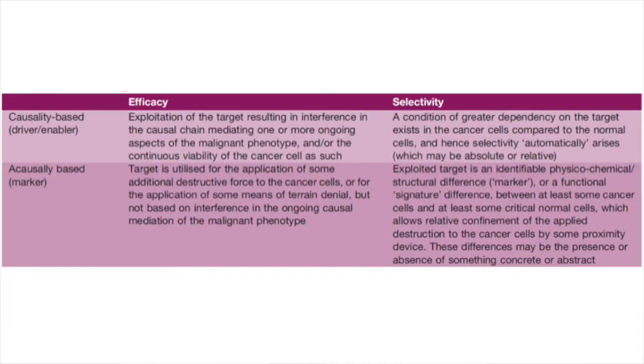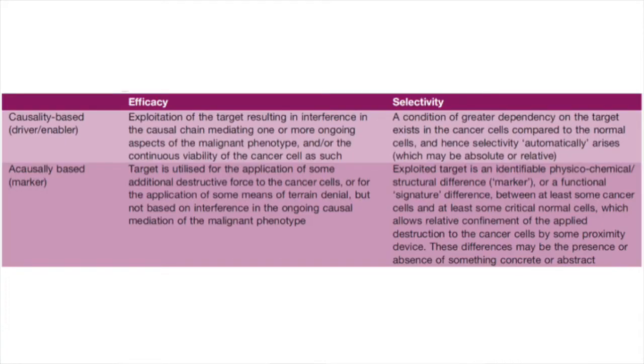Now, therapies directed at either of these targets, the causal or the recognition-based, are obligated to achieve two goals: efficacy and selectivity. Efficacy means the reduction in the projected number of cancer cells, and selectivity means the avoidance of intolerable toxicity, by which is meant damage to critical normal tissues and cells.